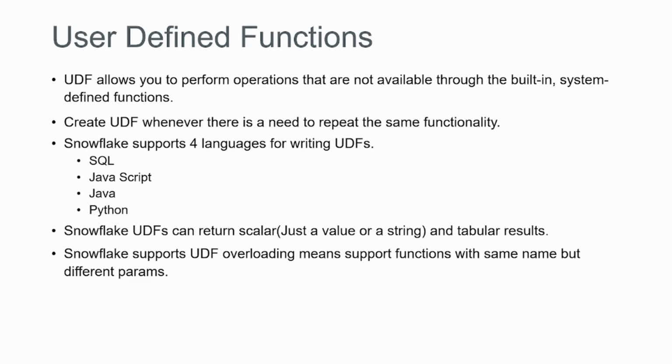A UDF allows you to perform operations that are not available through the built-in system-defined functions. We create a UDF whenever there is a need to repeat the same functionality.